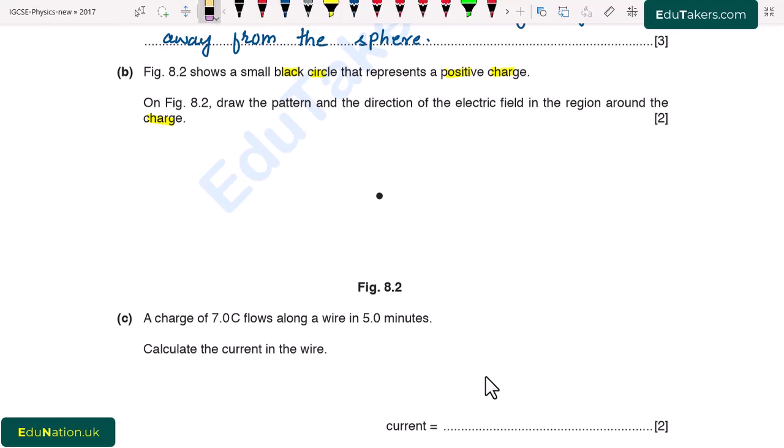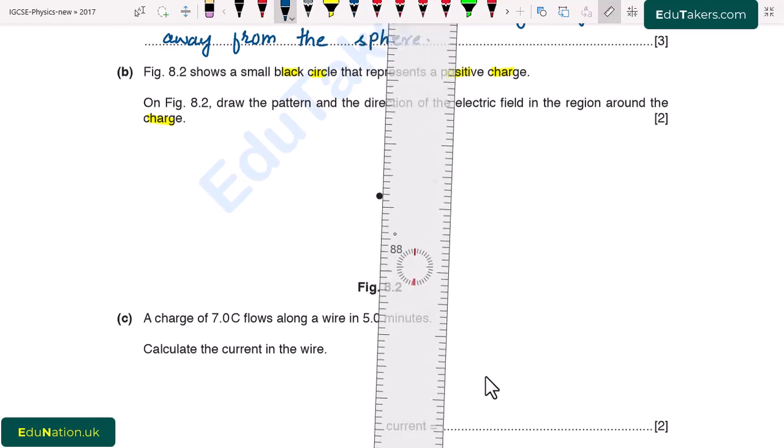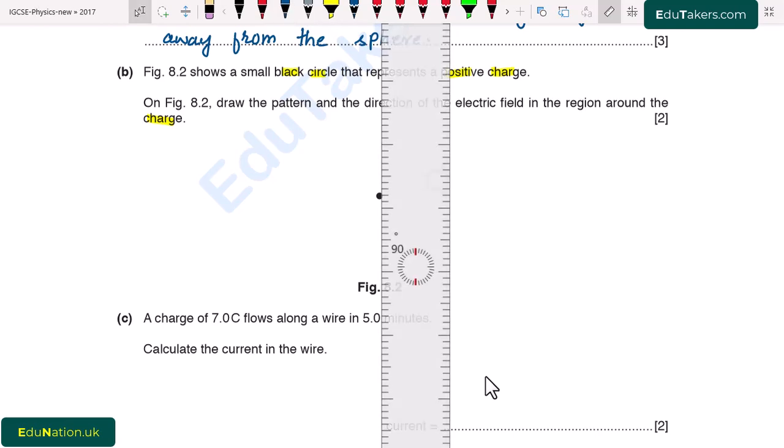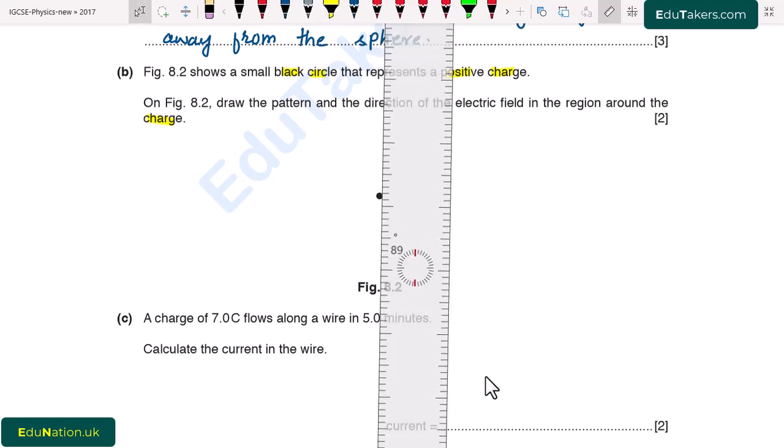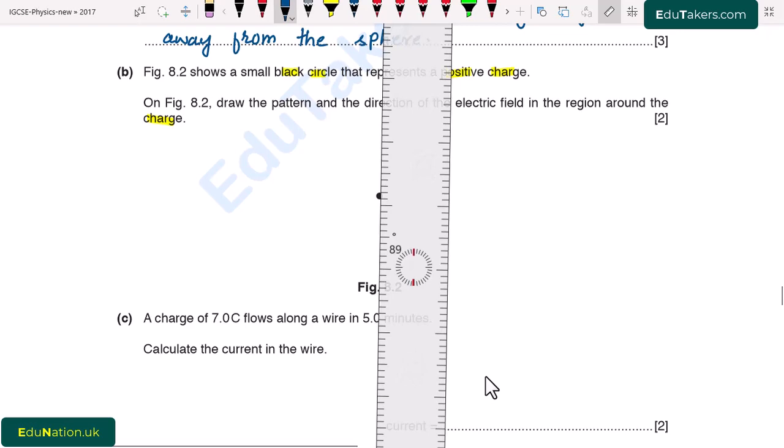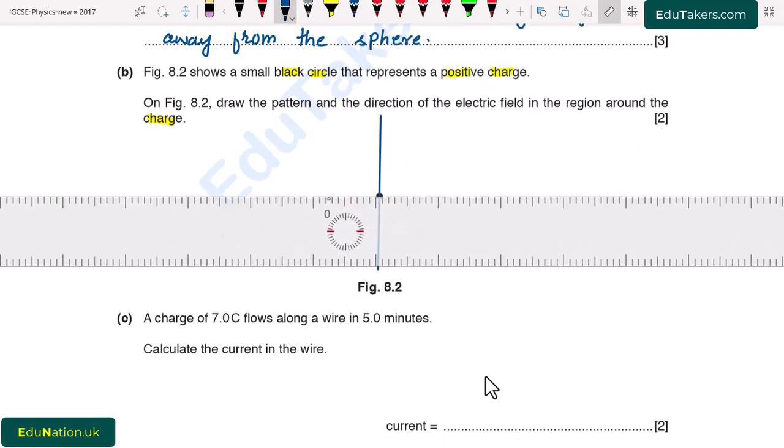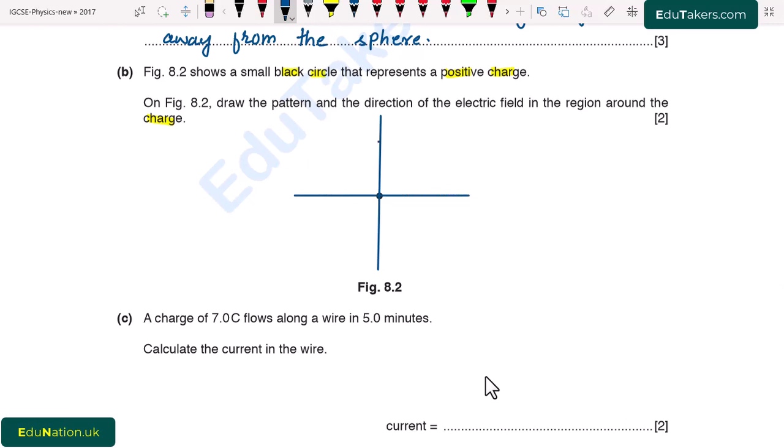So I'm going to draw these lines using a ruler. So the electric field lines due to a positive charge will point outward. So this arrow basically shows the direction of the electric field lines.